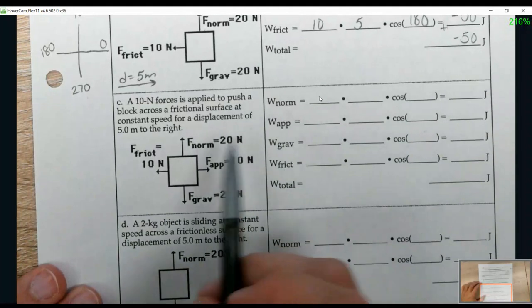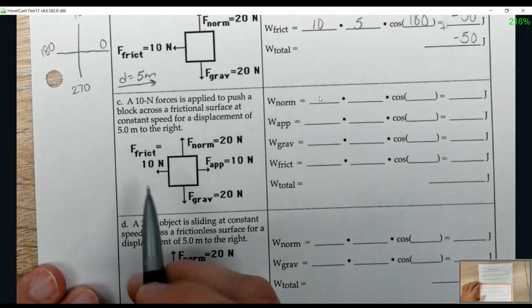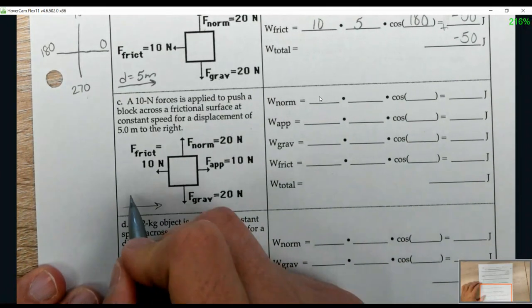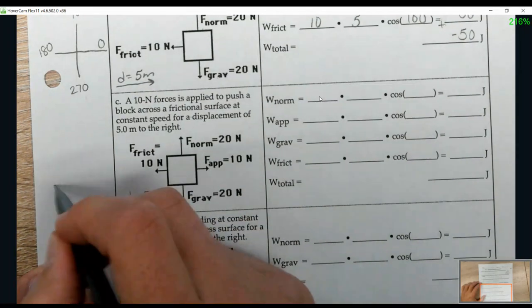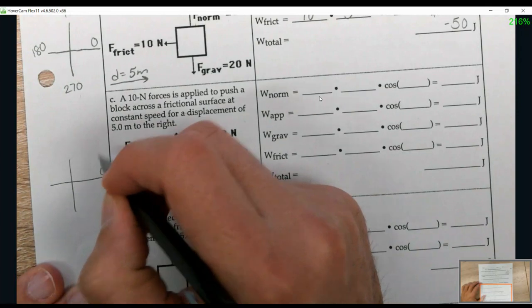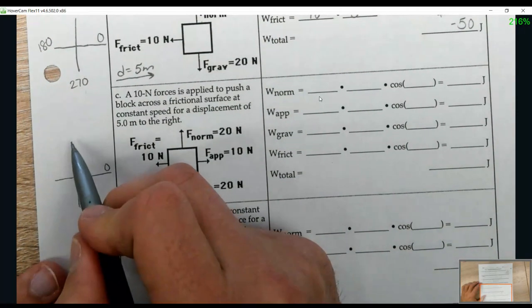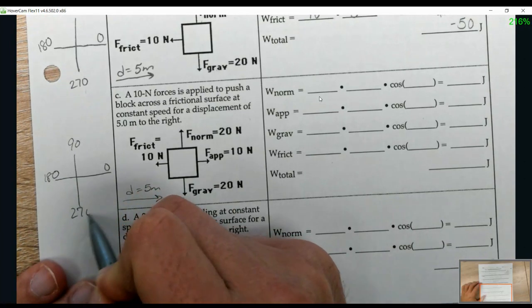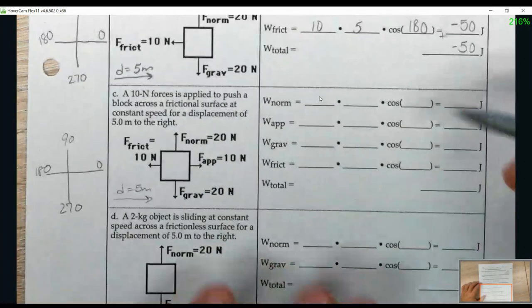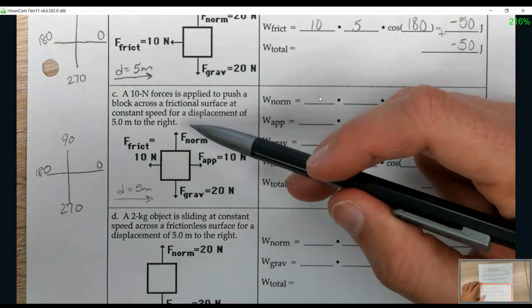All right, let's take a look at this one. Distance to the right. Make my coordinate plane. I know the distance is to the right, so 0 is going to the right. Go counterclockwise, 90, 180, 270. Fill in your angles. Normal force is going towards what direction?